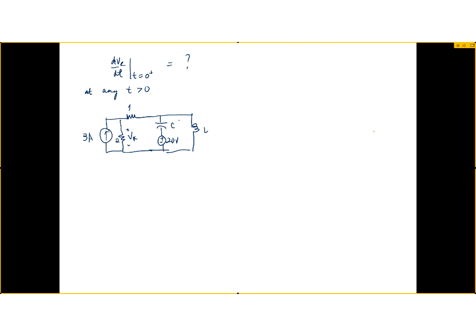Of course, that equation will have VR in it and some other variable in the circuit, some other current and voltage somewhere else in the circuit. And then I'm going to differentiate that equation. When I do that, I will have a dVR/dt, but I will also have derivatives for other variables in my equation, whatever equation I used.